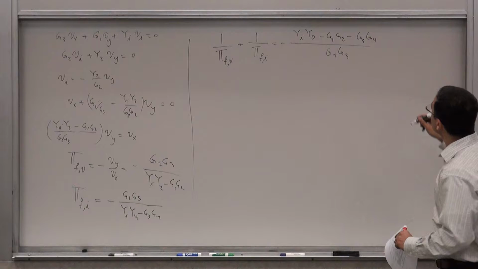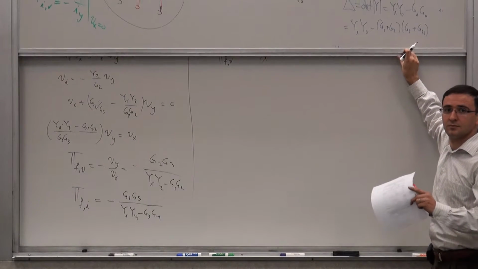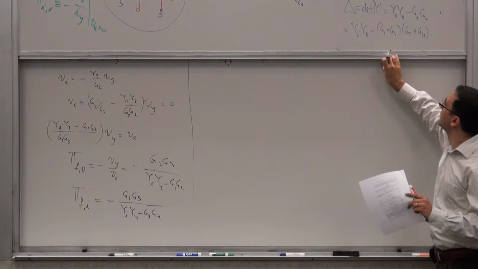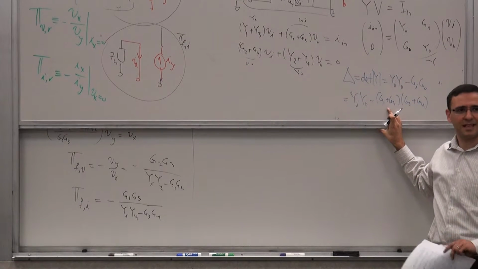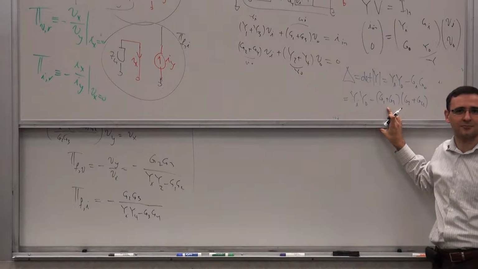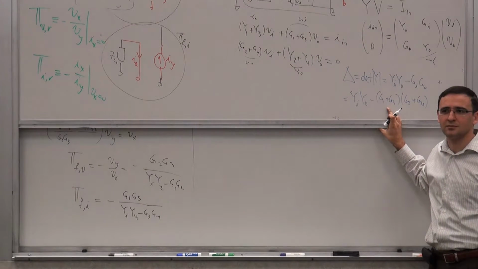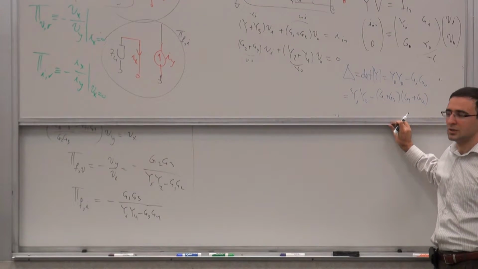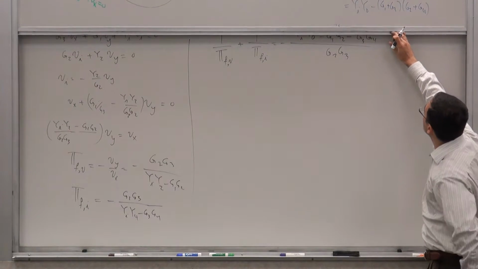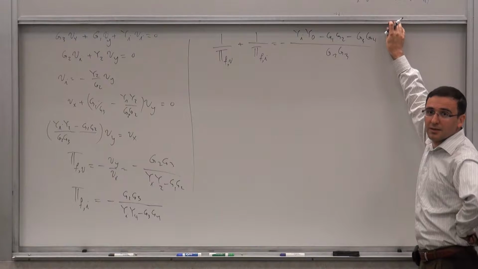Fine. But now let's look at delta. This is kind of close to delta, but it's not exactly delta. Can I write it in terms of delta? So delta has two extra terms, if you look at it.